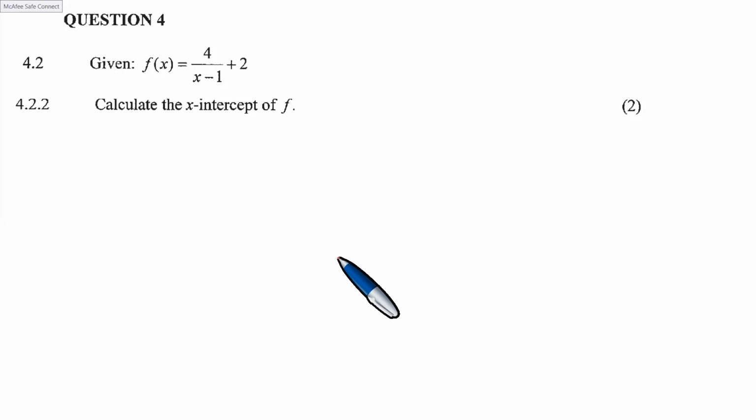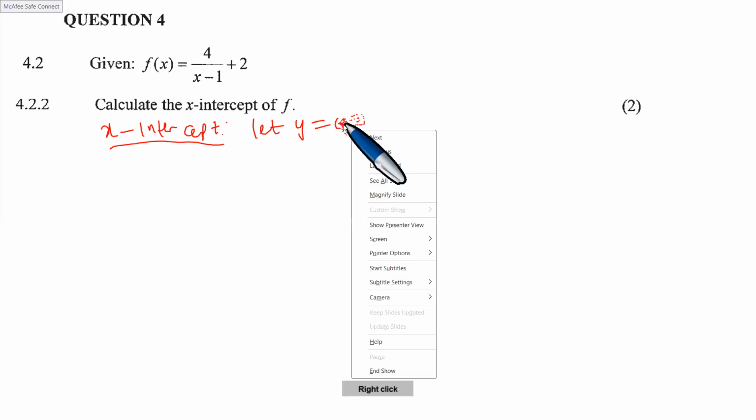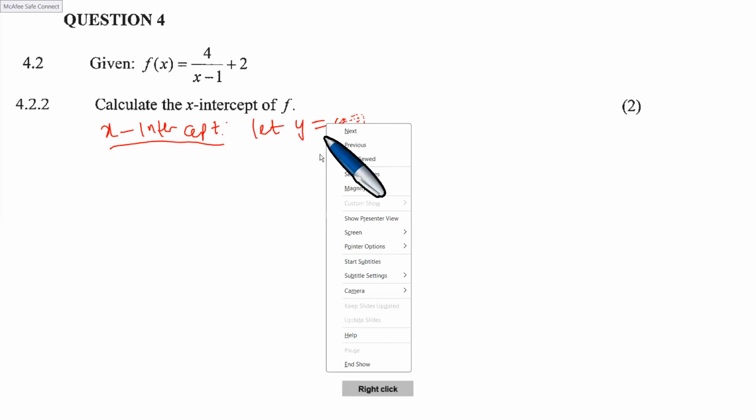To get the x-intercept, we let y be equal to what? Be equal to 0, isn't it? Okay, that's correct. So we let y be equal to 0.